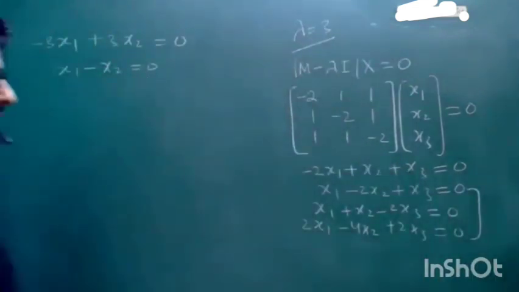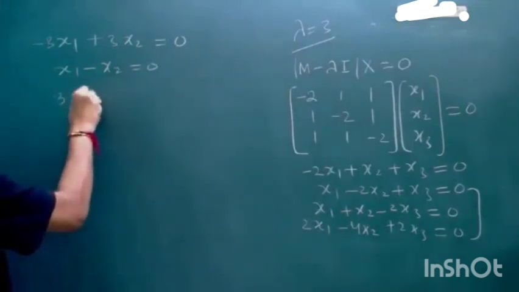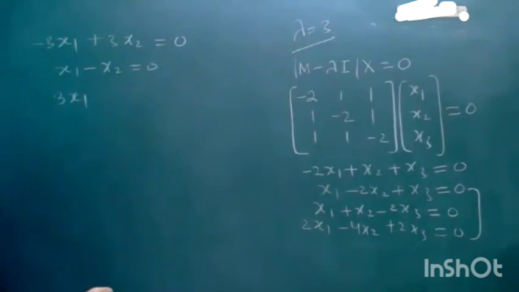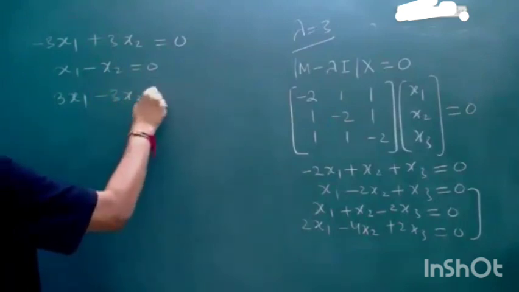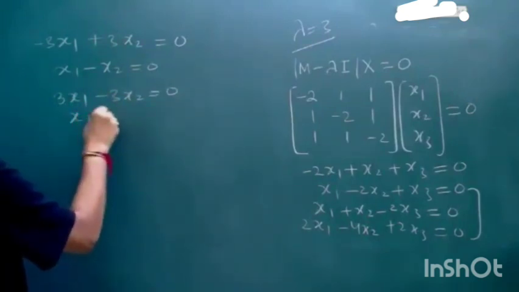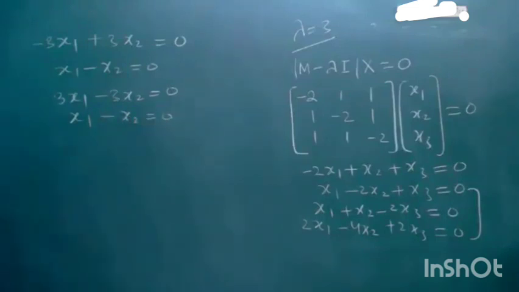These two equations are same, and you add them. So what you will get? 3x1 minus 3x2. So same equation, no? x1 minus x2 is equal to 0. Correct? So these two equations are same.